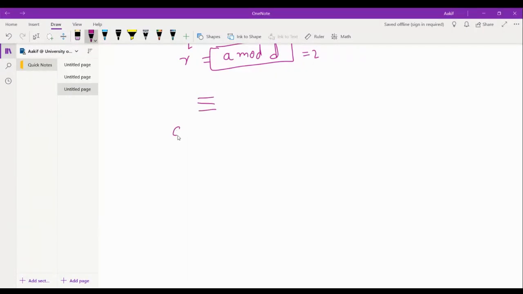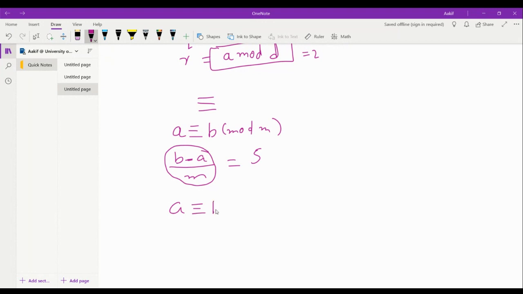And we can say that A is congruent to B mod M if B minus A is divisible by M. It gives us some integer, let's say S. So if this property doesn't hold true, then A is not congruent to B mod M.